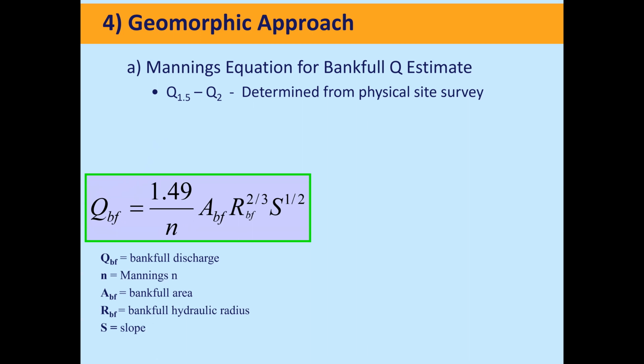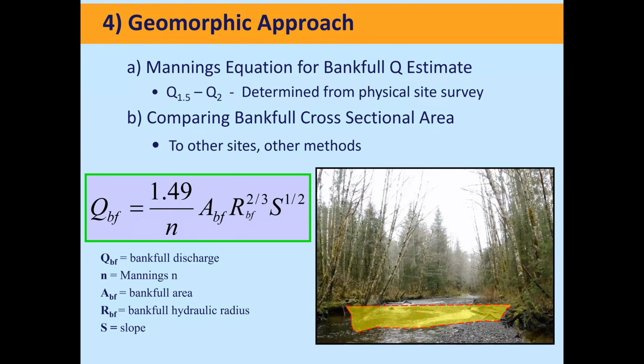And Matt Varner talked to you yesterday about what bankfull channels look like and indicators and all that. And I think he mentioned that 1.5 to 2 as a kind of average, what that correlates to. And he also talked about regional curves.